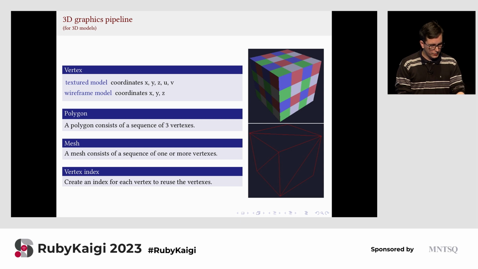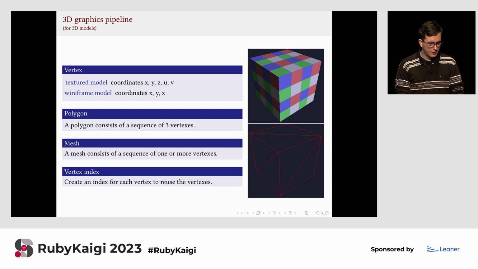Here is how the 3D graphics pipeline works. If you are rendering a textured model, you can see a textured model at the top. We use five numbers for each vertex.